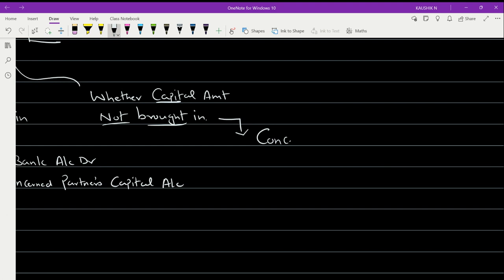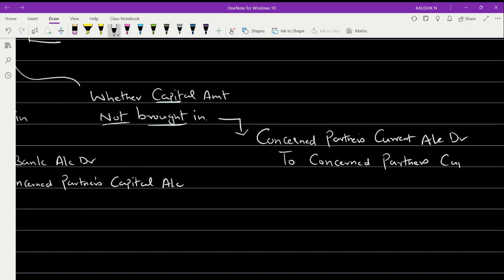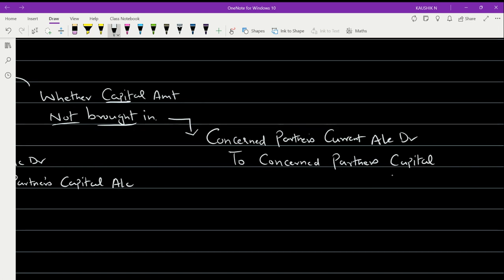So, concerned partner's current account is debited to concerned partner's capital account. Any doubt up to this stage, please let me know.